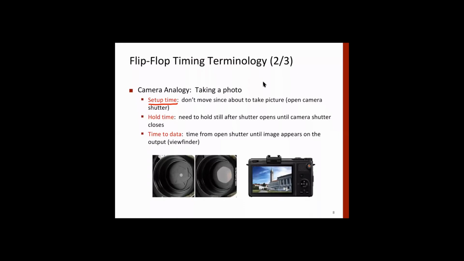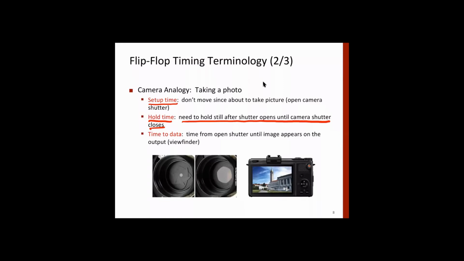Usually we take say 30 seconds or something as a stationary setup time. And the whole time when the shutter opens, the object shouldn't move, otherwise the photo will be blurred. So need to hold until the camera shutter closes. Between opening and closing of the shutter, the object has to be stationary.